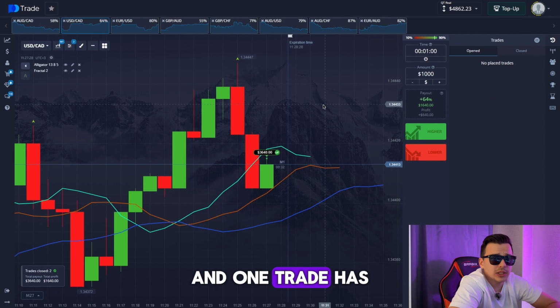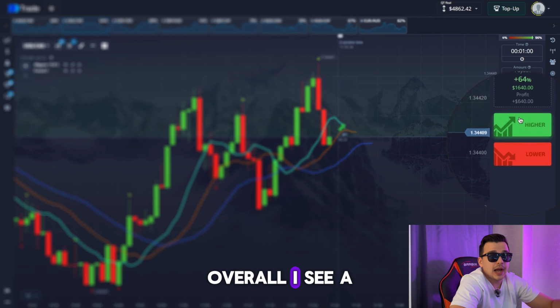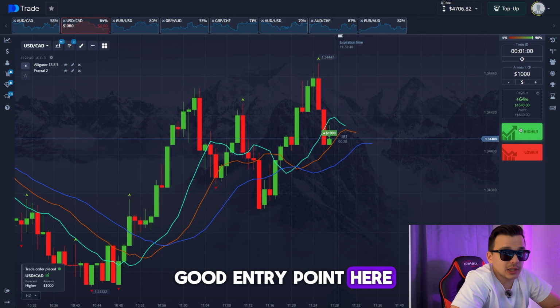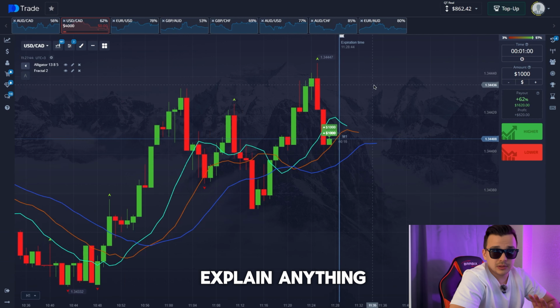And one trade has gone to 0, but overall I think it's not a big deal. Let's just open 4 more up trades on the same currency pair. Overall, I see a good entry point here, yes. So let's take a look. I'm not going to explain anything.